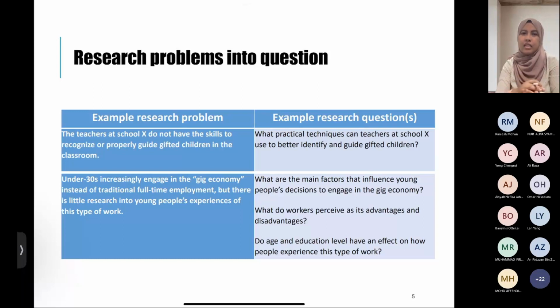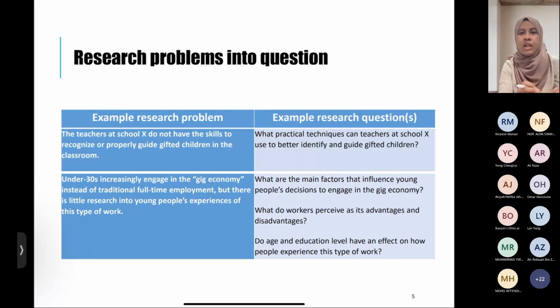If let's say there is a genius student in the classroom, teachers do not being trained to detect this genius student. But what happens if the genius student stay in the classroom that is lower than his ability to think, so that student potential are not being polished 100%, so that's the problem.